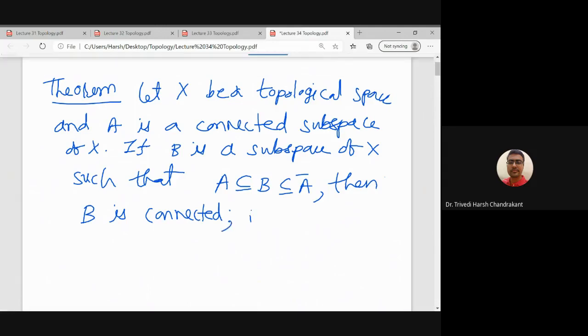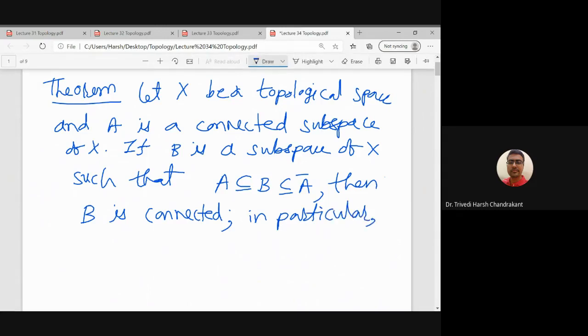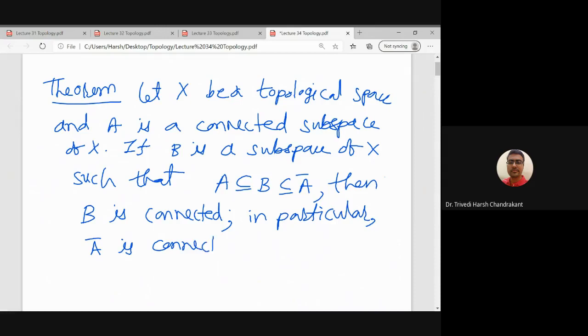In particular, A closure is also connected. So what this result says is, if I know a subset A of X is connected in the subspace topology, and I have the set B which contains this set A, and it is a subset of the closure of A. So B contains all the points of A, and it is a subset of A closure.